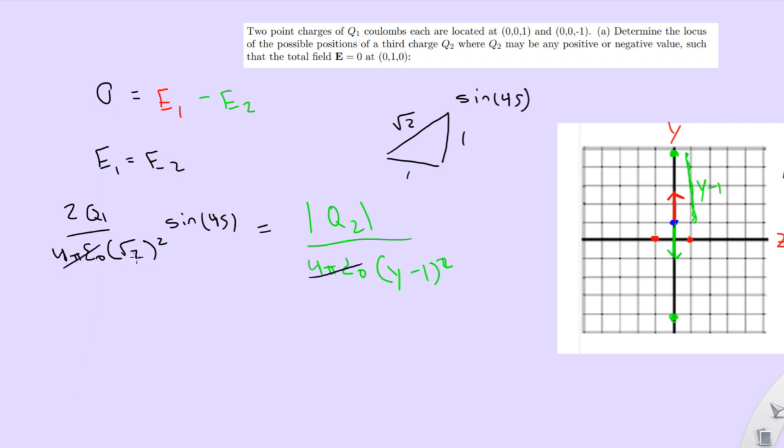The square root of 2 squared is going to be a 2, which is also going to cancel with that. And then this will turn into a 1 over square root of 2. So we're left with q1 over square root of 2 equal to the absolute value of q2 over (y minus 1) squared.